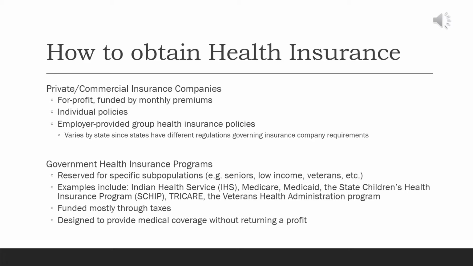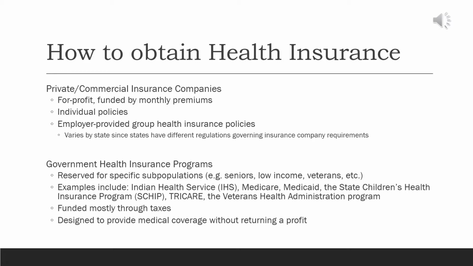Now, the other half is government health insurance programs, and these are reserved for specific subpopulations within our population. So for seniors, for low income, for veterans, etc. Some examples of government health insurance programs include Indian Health Service, Medicare, Medicaid, the State Children's Health Insurance Program, TRICARE, the Veterans Health Administration Program, and so on.